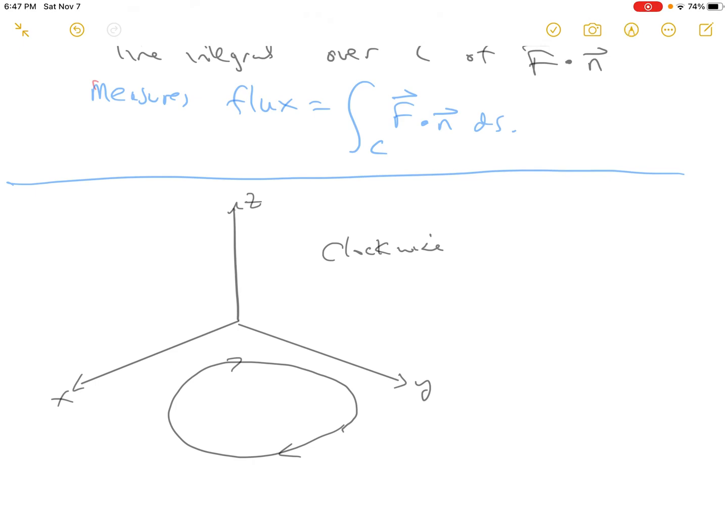In the clockwise direction, what does t look like? T looks like this. The vector k is always sticking straight up. And so by the right-hand rule, with n sticking out here, n is equal to k cross t. Okay, and n sticks out.